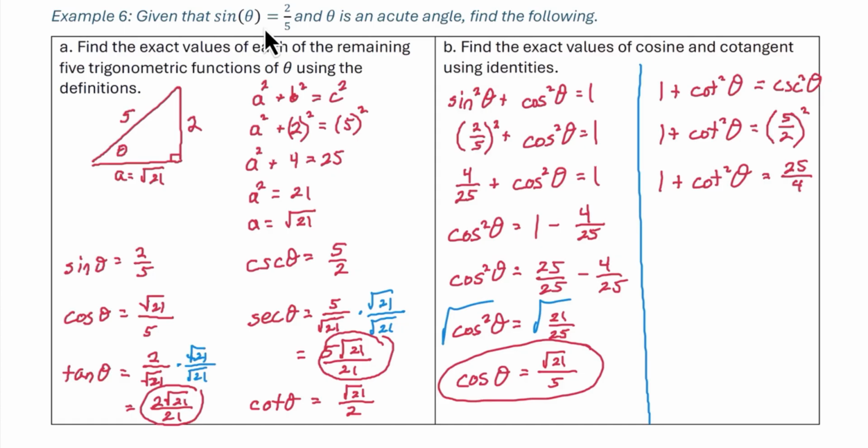From here, we'll subtract 1 on both sides. 25/4 minus 1. We again need a common denominator so that we can combine those two. We can rewrite 1 as 4 divided by 4.